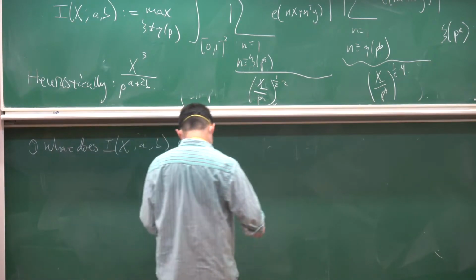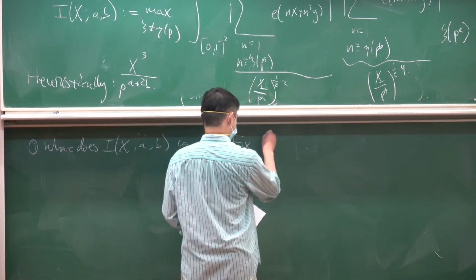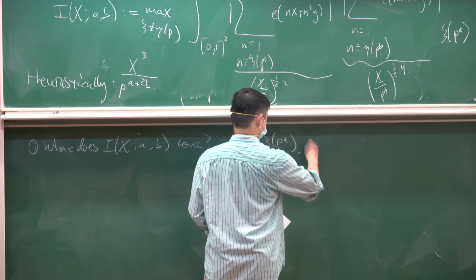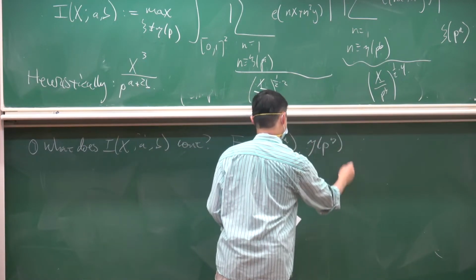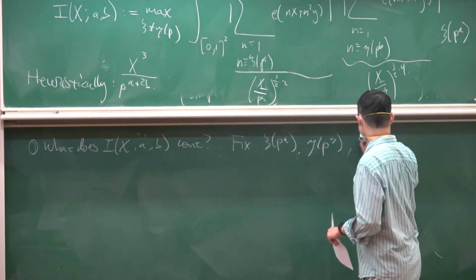Okay, so it says fix c mod p to the a and eta mod p to the b, where c is not eta mod p.